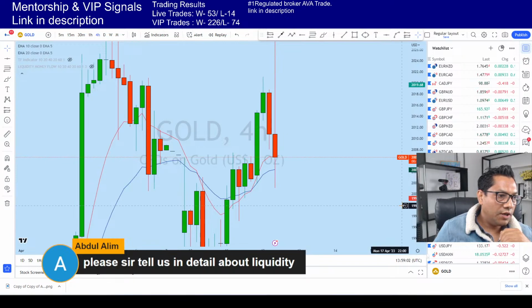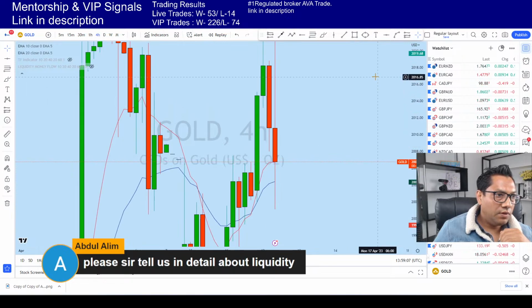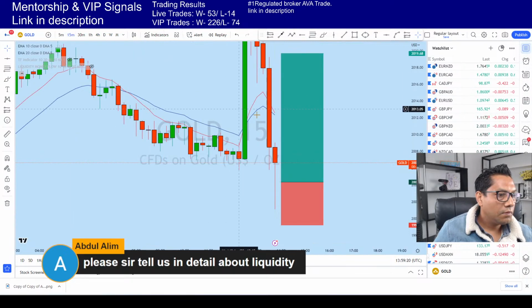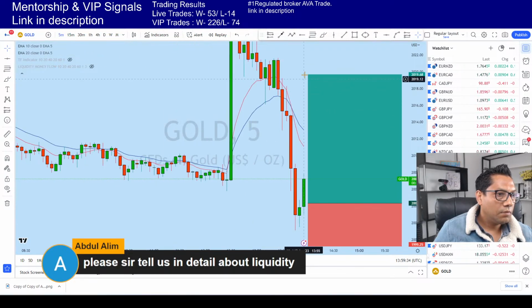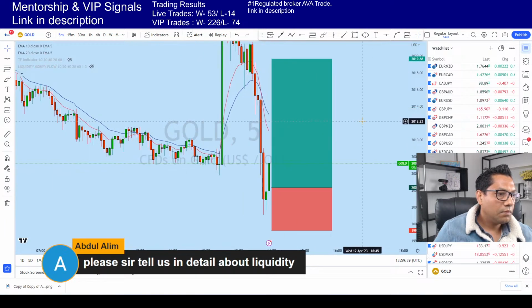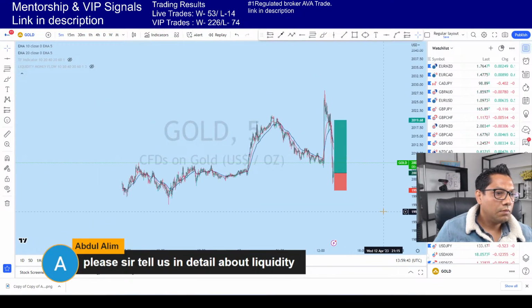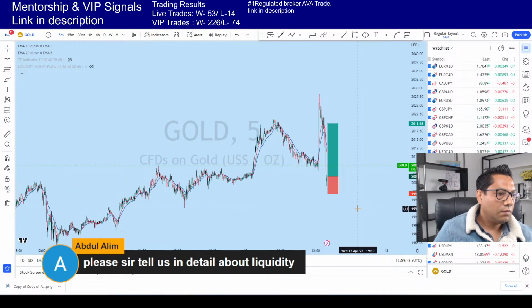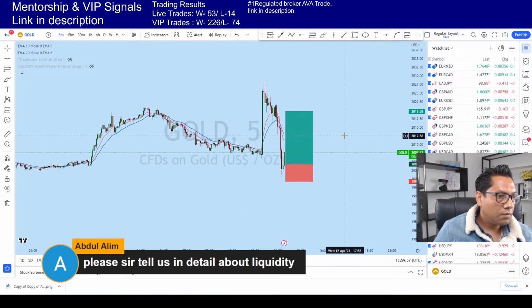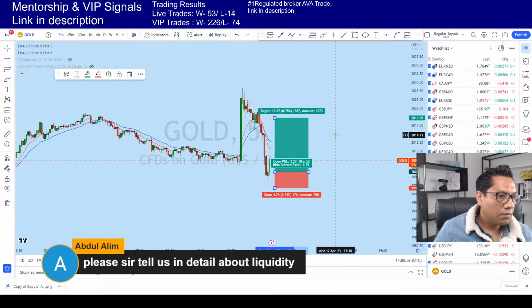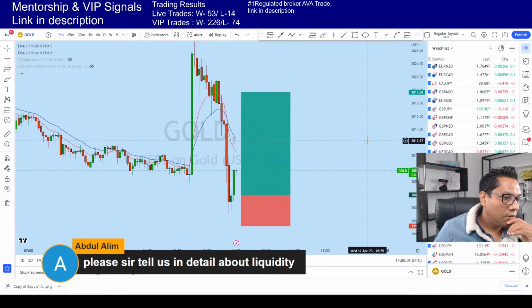Okay, we should be able to see the market pushing to the upside further, at least to this level. Hopefully that's not going to change its trend.